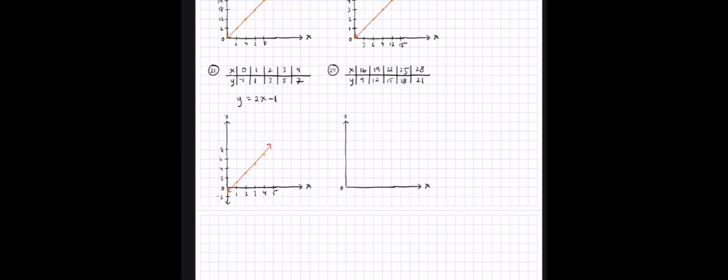Looks like these numbers are getting smaller by 7, right? So we can say y equals x minus 7. That seems right. And maybe I'll go 4, 8, 12, 16, 20, 24, 28 to get all those x's.